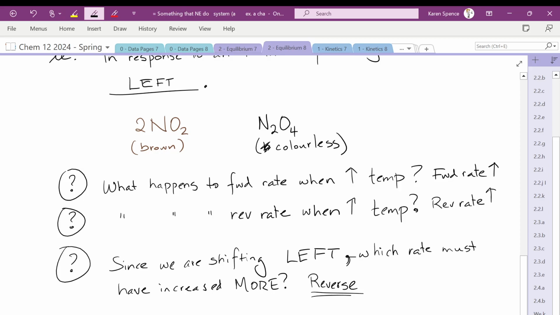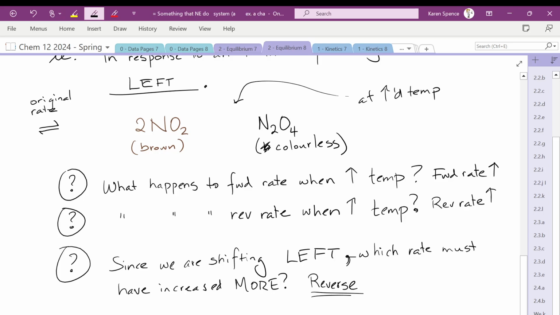So if we were to have our original rates, we could represent them like this. Yes? So our original rates would be like that. And then at increased temperature, we're going to end up with something like this.